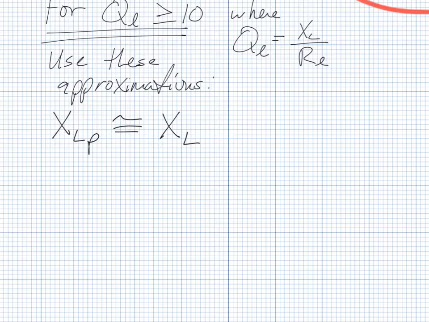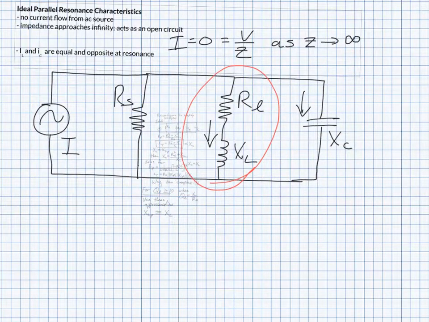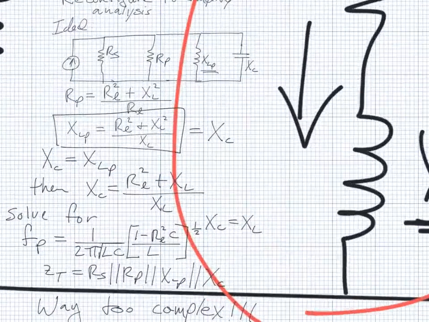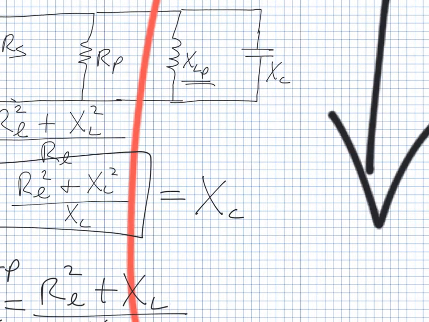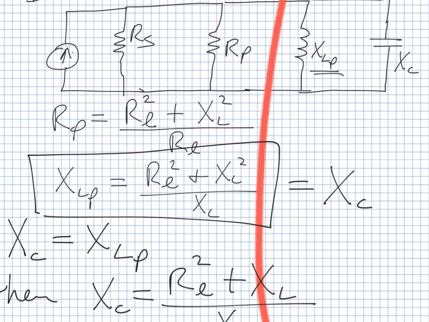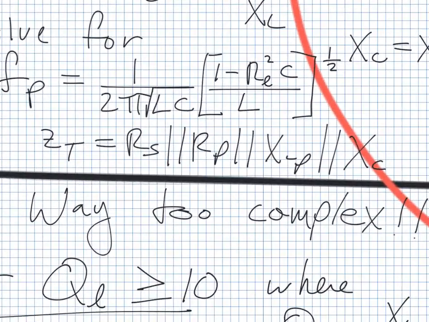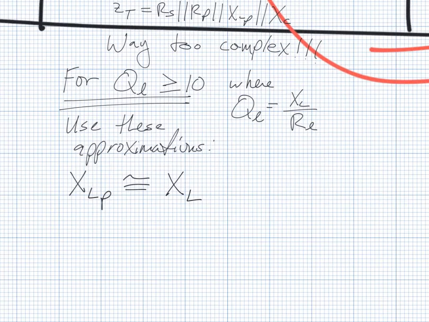The original circuit is this one, so this right here we're saying is equivalent to this one here. So using the equation that we defined is no longer necessary. We're going to say they're equivalent.